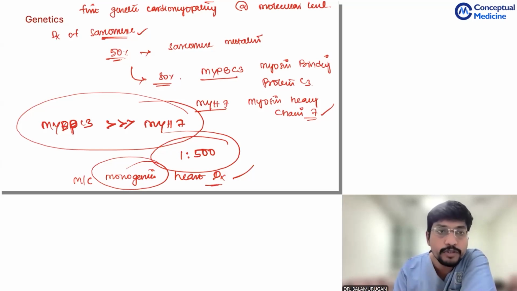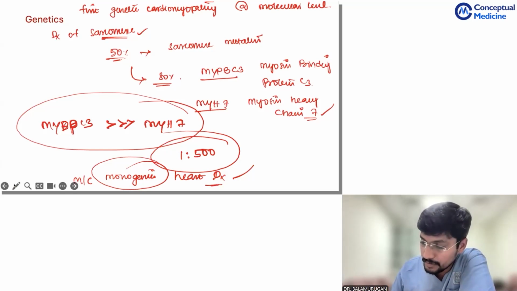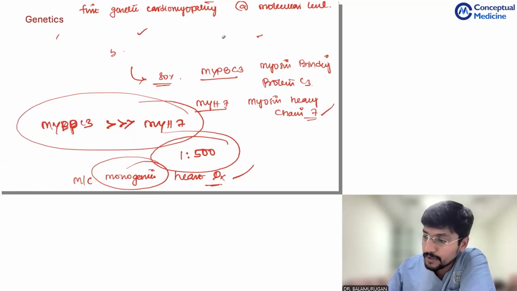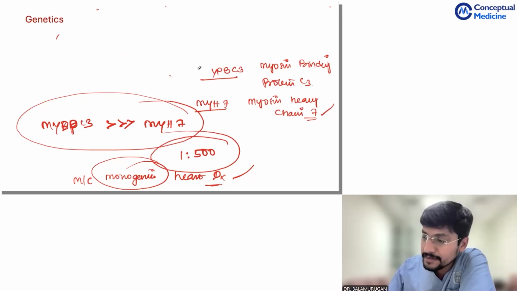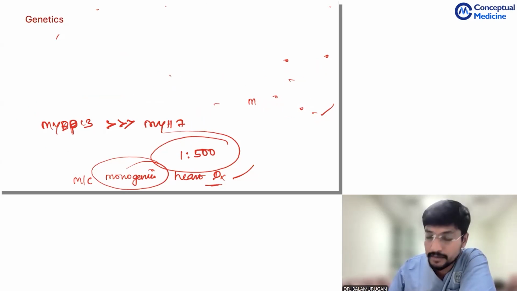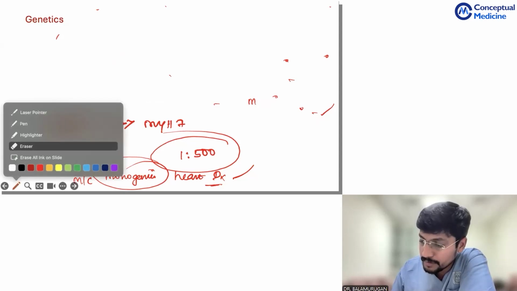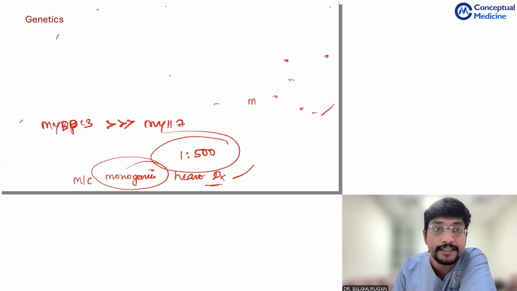One thing about genetics you should understand. Some of my patients, when I tell them this is a genetic disease, say, I have done echoes multiple times in the past. Nobody has told me this. Then why are you stating that I have a genetic disease?